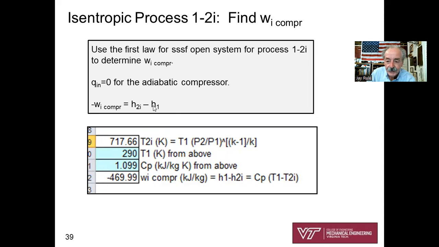Well, what's delta H for ideal gas with constant specific heat? It's just Cp times delta T. Excuse me for not writing it up here. Okay, so Wi of the compressor: here's my T2i we just found, T1 was given, Cp we looked up. So Wi of the compressor is negative 470 kilojoules per kilogram.